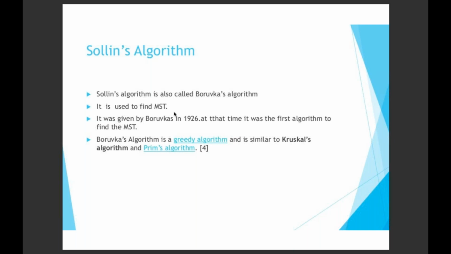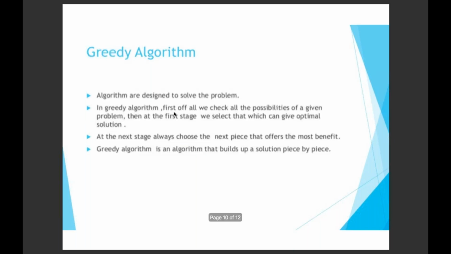And let's see what exactly this algorithm will do for us. It's a greedy algorithm first of all. And when I say greedy algorithm, there are some algorithms which will solve the problem by hook or crook. So that's how we describe the greedy algorithm approach. We are going to check all the possibilities of a given problem.